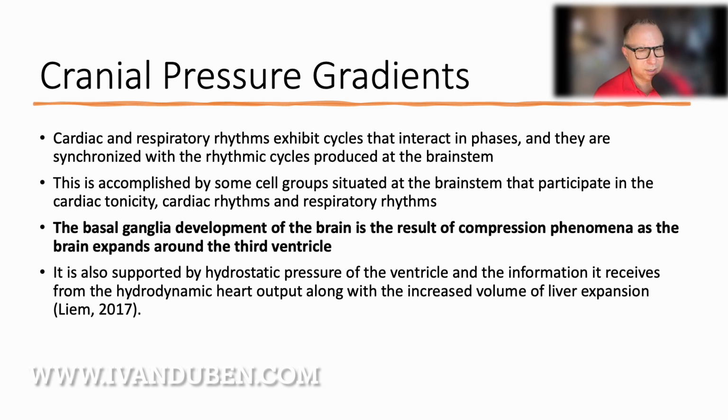Now, this is an important distinction here, because we're including the liver now, which is dominating as well in the vascular system, speaking more to the idea that the pressure gradients in the cranium could be influenced by liver expansion.